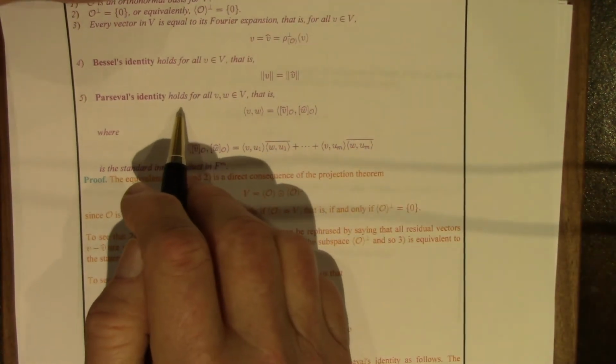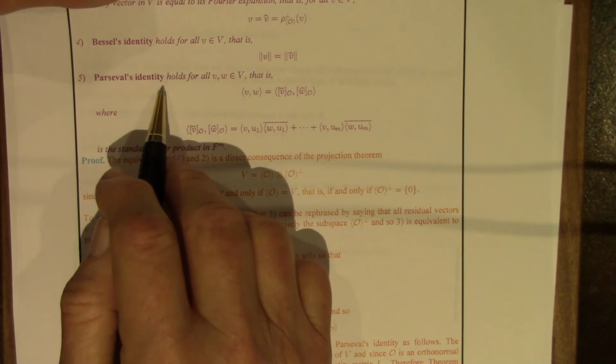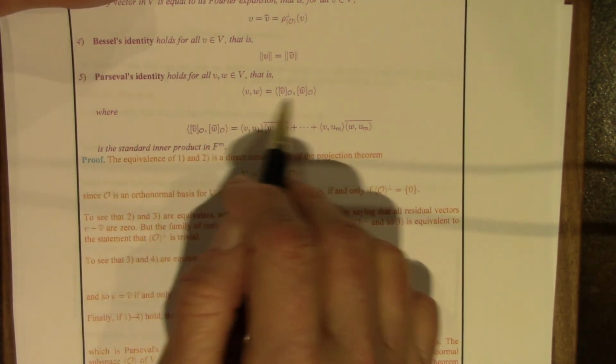And finally, this is equivalent to Parseval's identity, which looks like this.